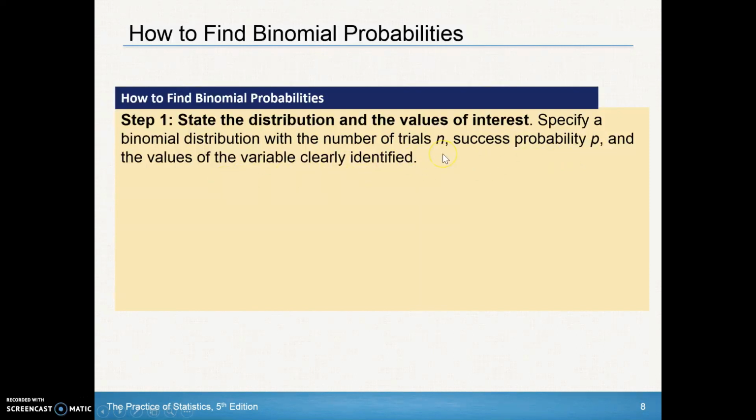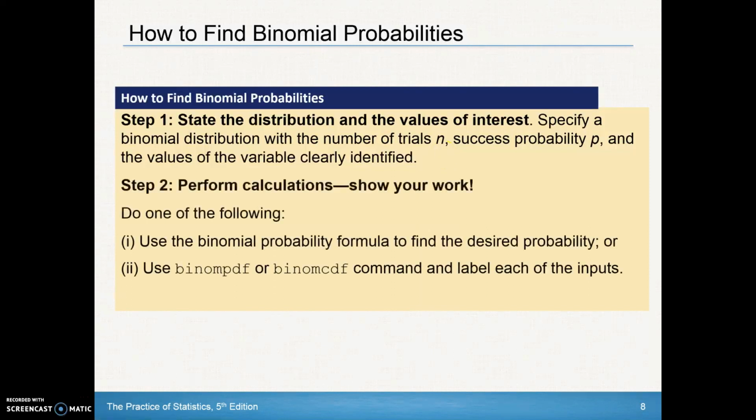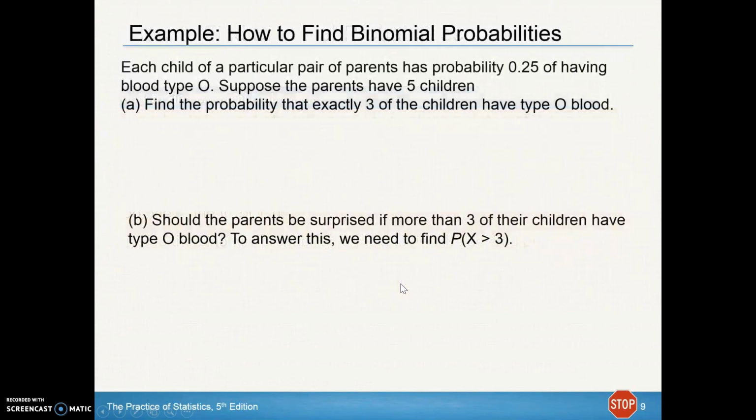So are we looking for a specific value or are we looking for a range of values? And then we just perform the calculations. And as always, show your work. So in doing that, we do one of the following. You can use the binomial probability formula that we just had on the previous screen, or we'll show you the calculator usage here as well. And then obviously answer the question.